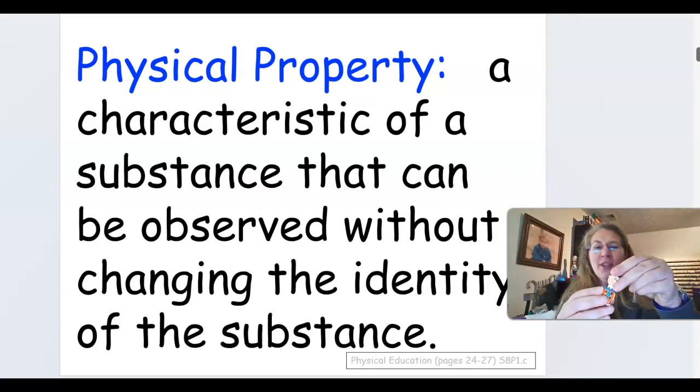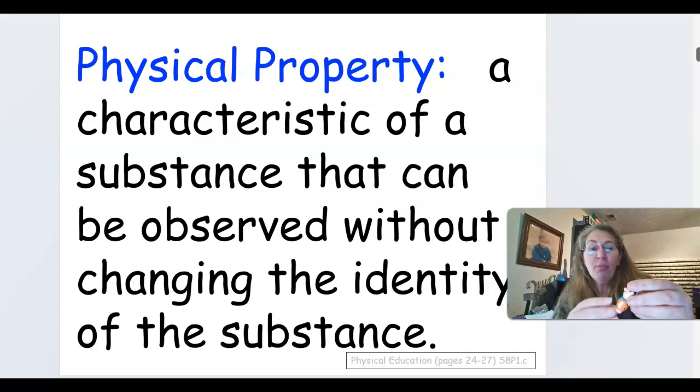That would be a physical characteristic. It's soft to the touch. It has the colors orange and blue in it. It's probably insoluble in water. So those would all be physical properties, not insoluble in water. Sorry, that would be a chemical property. So scratch that one.